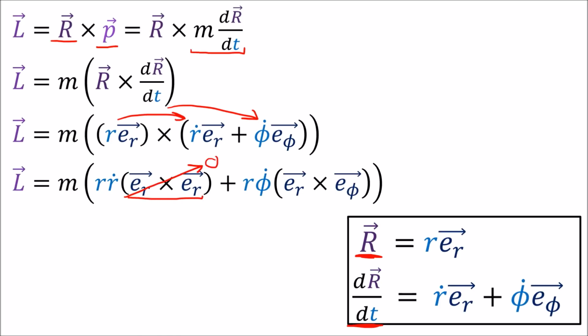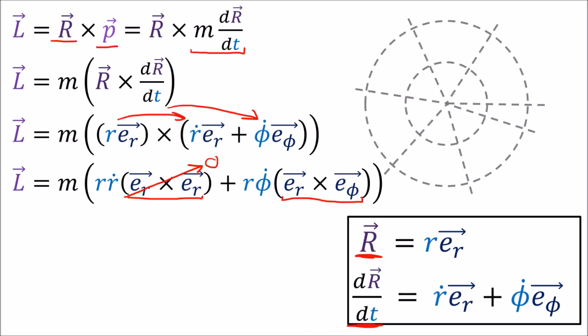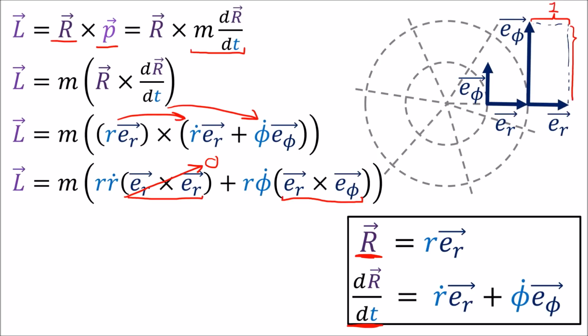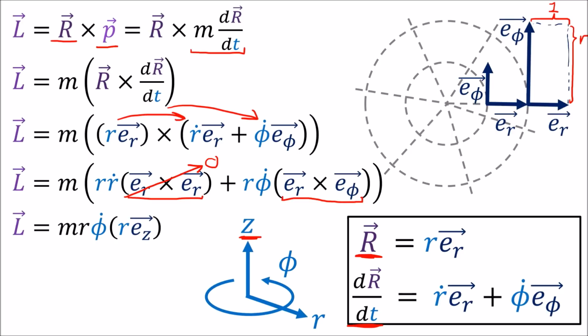So e_r cross e_r is 0, and the cross product of e_r and e_phi is a vector perpendicular to them both, whose length is equal to the area of the parallelogram formed by e_r and e_phi. This area is 1 times r, since e_phi has length r, and the perpendicular vector is e_z.